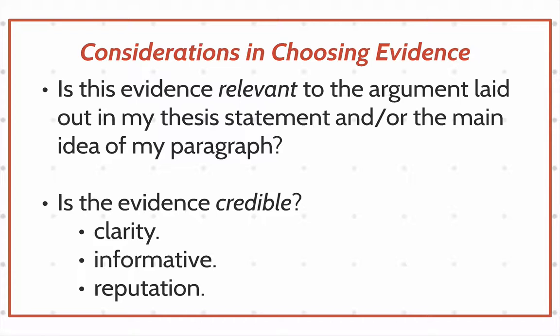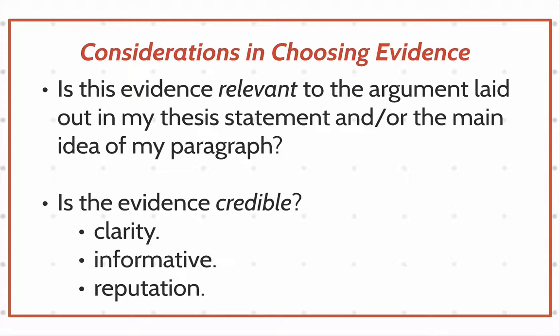So if there's a claim that's made in Wikipedia, there's usually a citation to some other sort of source. And I'd much rather a student encounter a claim on Wikipedia and then investigate the claim and cite that original source that Wikipedia is citing. So that is something to keep in mind, that the reputation of certain sources can impact whether or not the evidence is credible for your reader.